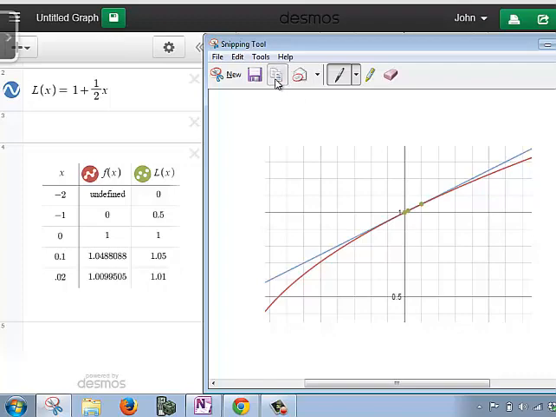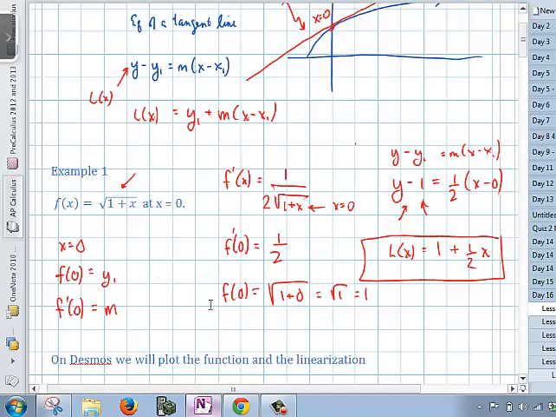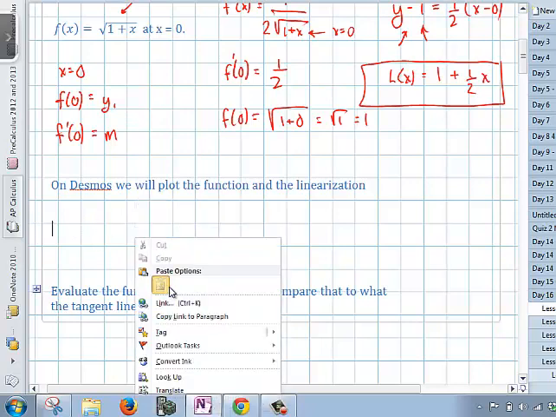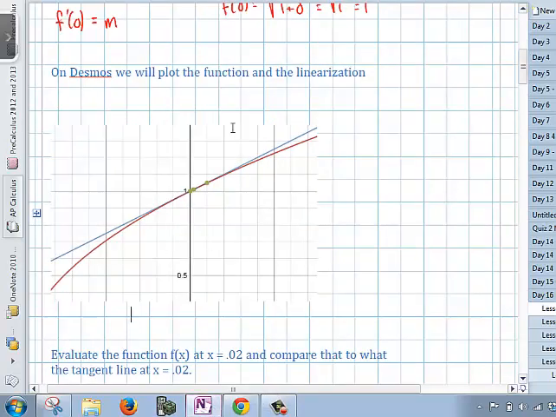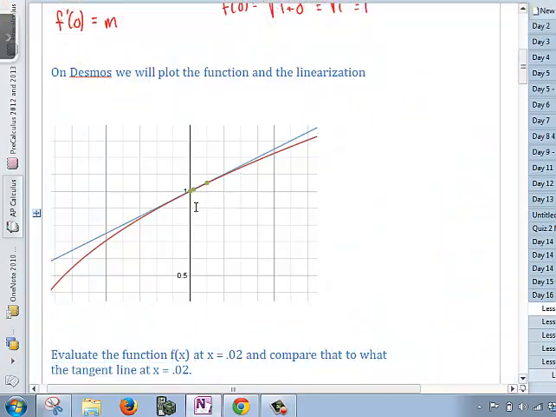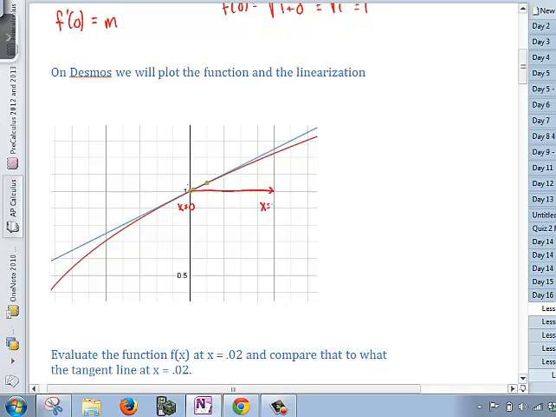I just did a screen capture here, so I'm going to bring that back into the software so that we can just talk about that a little bit more. Again, the calculus idea is that when you're looking at a linearization, because the center point of the approximation is at 0, if you go far away from your center point, let's say x equals 1, you can see here that there's a definite error between the two.